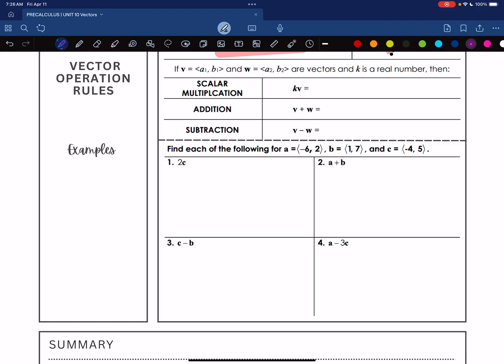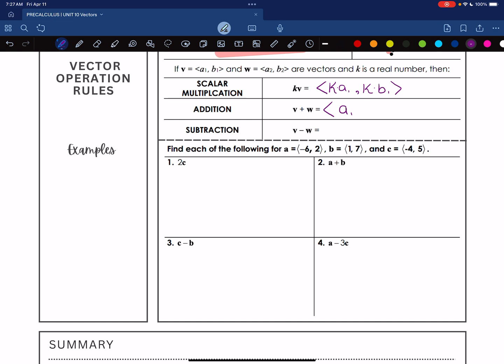Your scalar k times your vector v would be that each component, let it be called A1, would be multiplied with that k value, and your scalar would be multiplying with your B1 value.